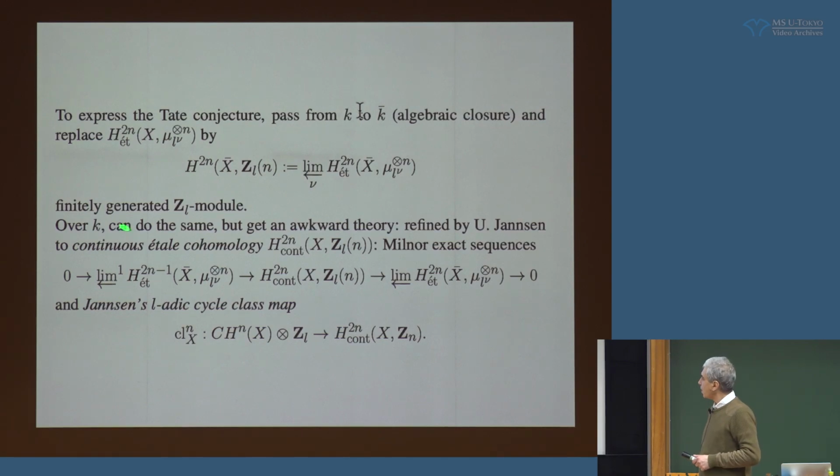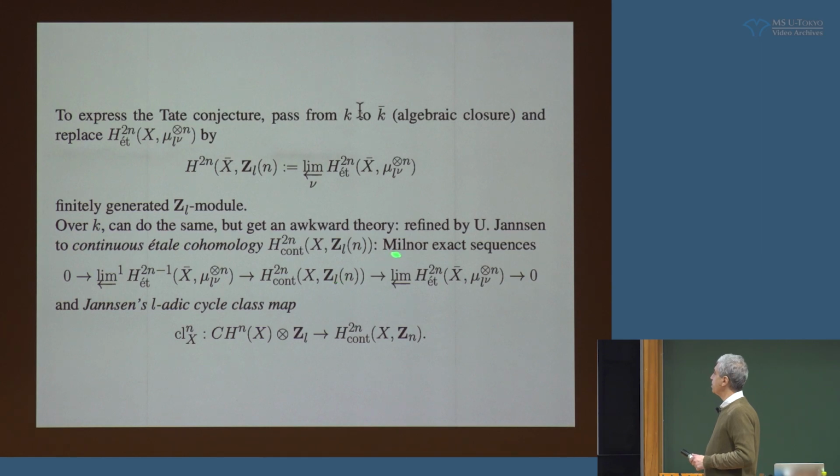So Jannsen defined the right object, which he called continuous étale cohomology. I'm not going to give the definition, but this is the group which is not good. This is the one which is right, and then it sits in a Milnor exact sequence. So there's a lim1 on the left.